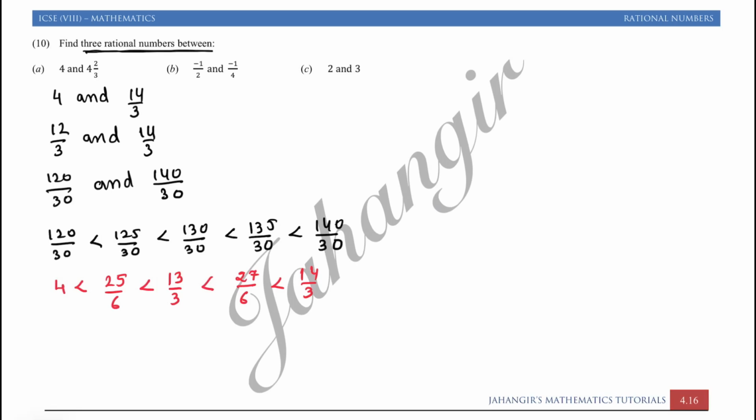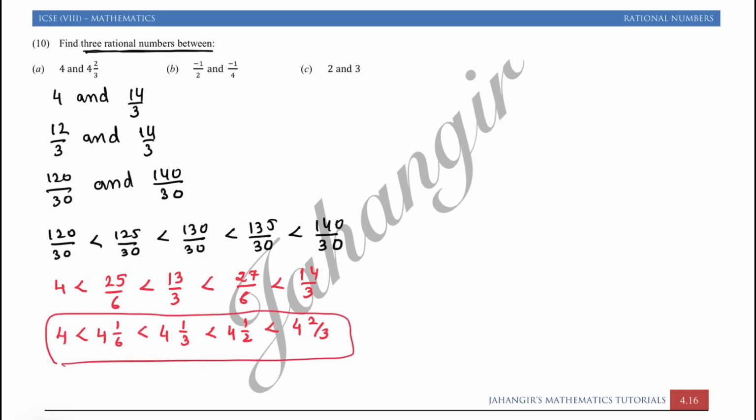Okay, now improper to mixed fraction, you have to convert the last step में mixed fraction में रखो. 4 1 by 6 less than 4 1 by 3 less than, और इसको भी again if you convert, that is 9 by 2. So 4 1 by 2 in the simplest form. 4 3s are 12, 4 2 by 3. So this is the final answer.